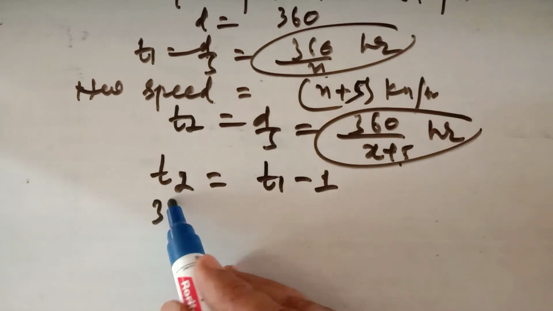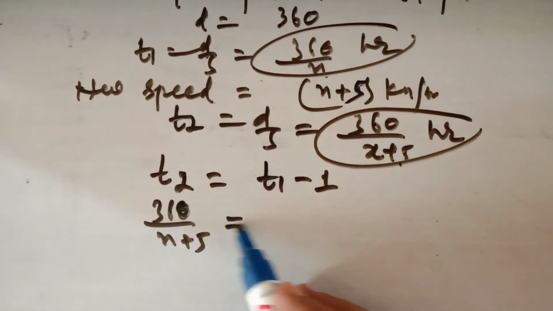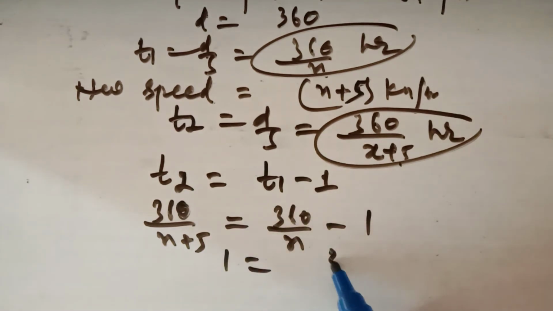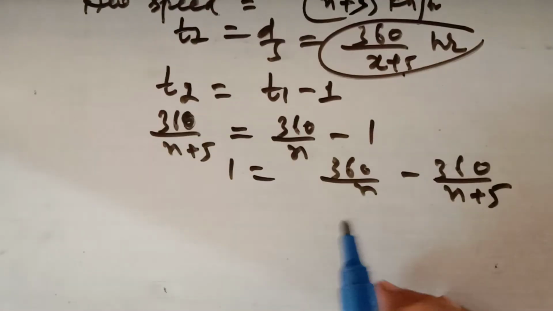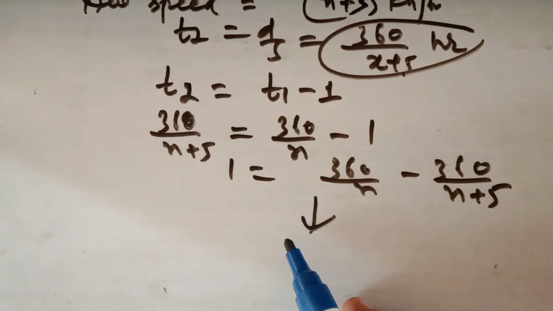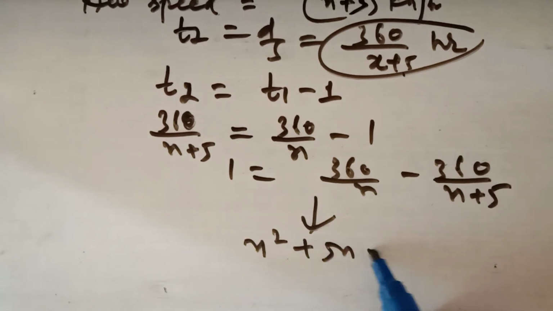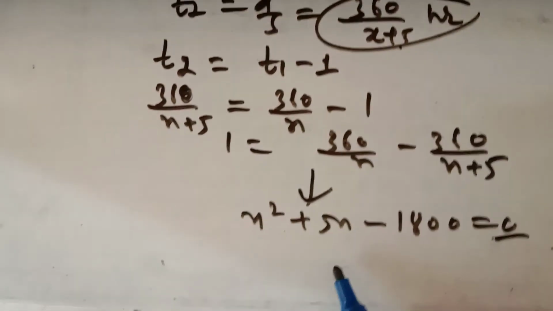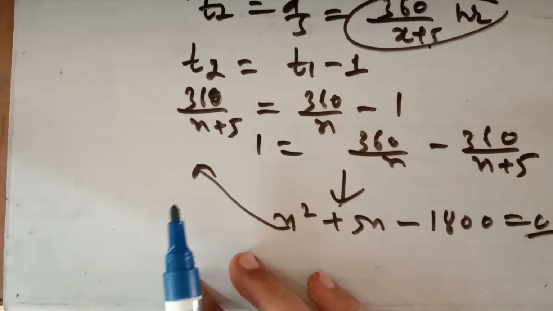So the time is 360 upon x plus 5 equals 360 upon x minus 1. So 1 is equal to 360 upon x minus 360 upon x plus 5. Taking the LCM and cross multiplying, you will get the quadratic equation as x square plus 5x minus 1800 equal to 0. Solve this equation. I am doing it by splitting the middle term.